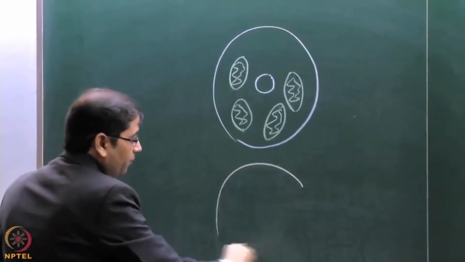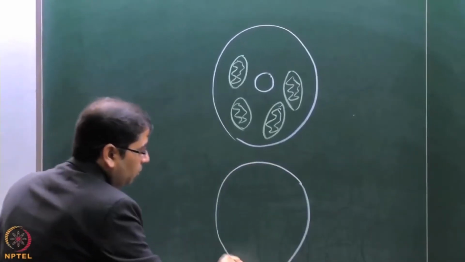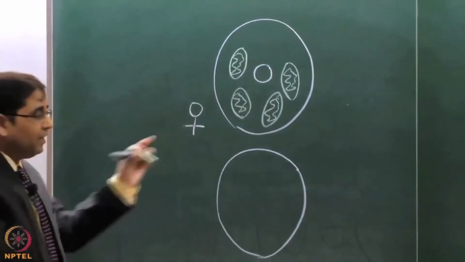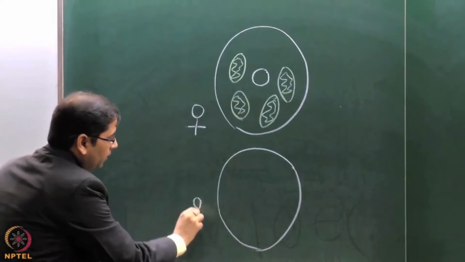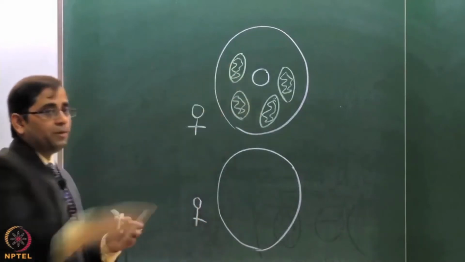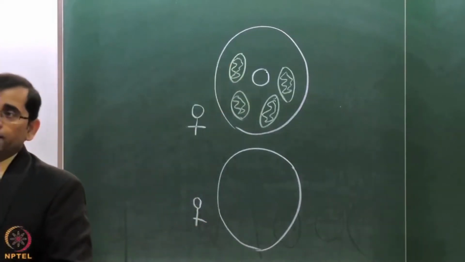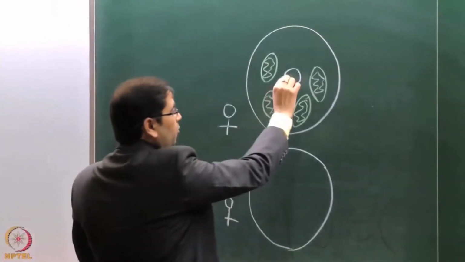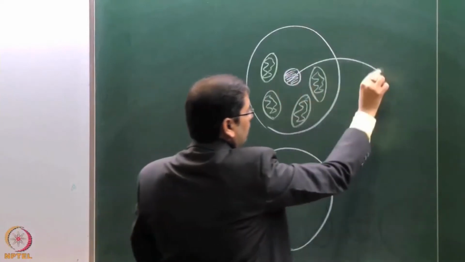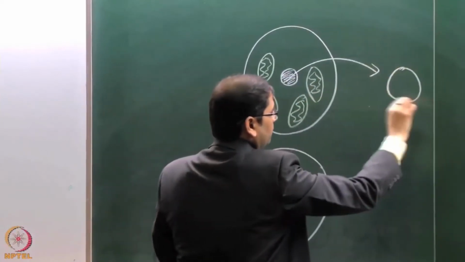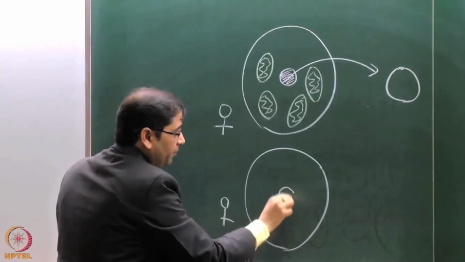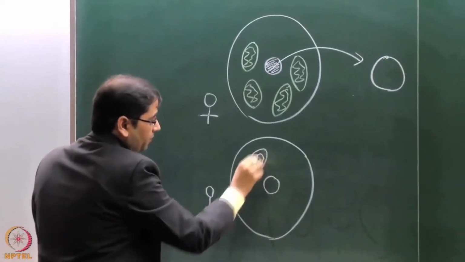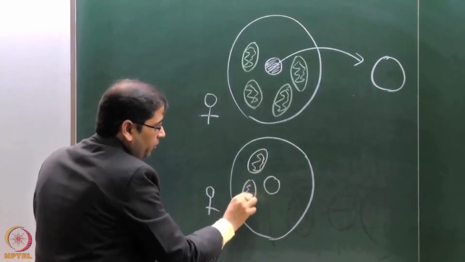Now if these parents, this female and her husband, have decided that they do not want this defective mitochondria in their child, and they are ready to take help of another woman. So in this case, they took the nucleus from this ova out, and now we have another woman who has normal mitochondria. I am showing them in white here.